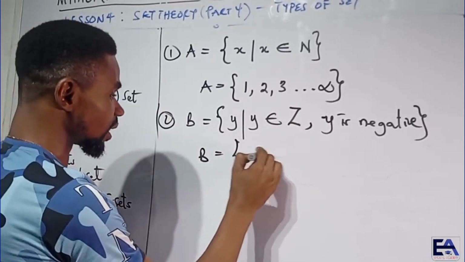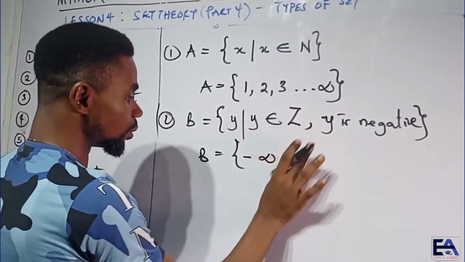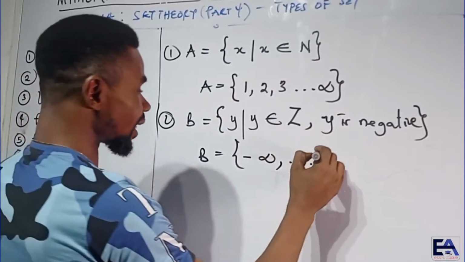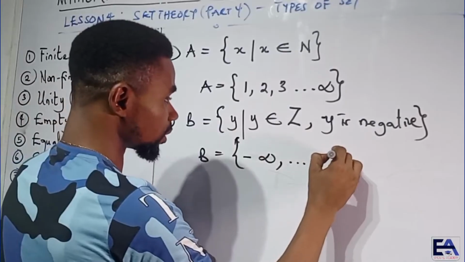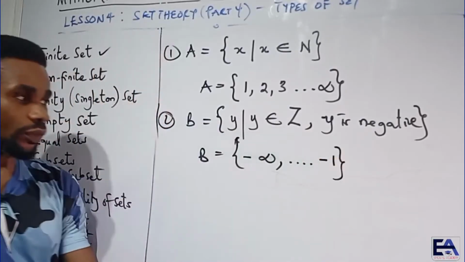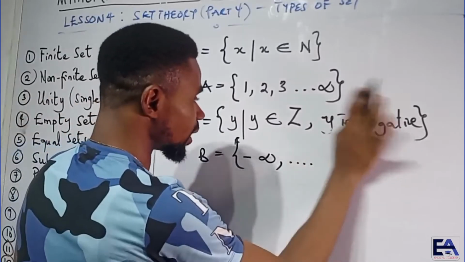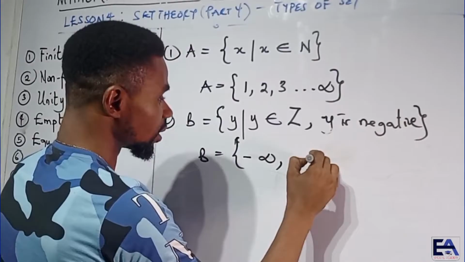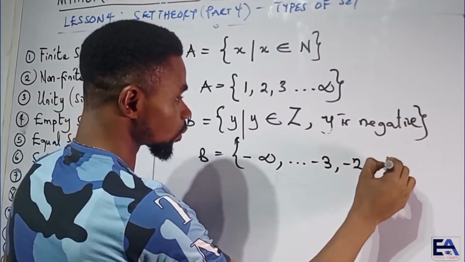So you can say negative infinity, and then you have a comma until the last negative whole number that we have, which is -1. In this case, we did not start from anywhere, but we ended somewhere. Maybe you have -3, -2, and -1.